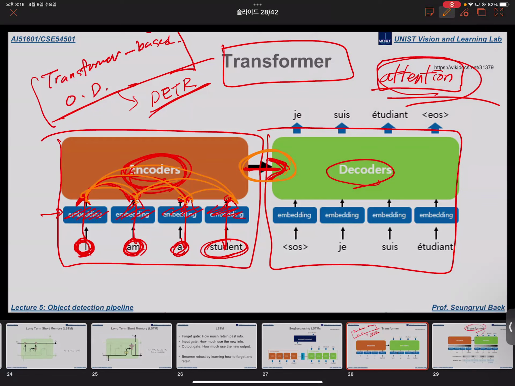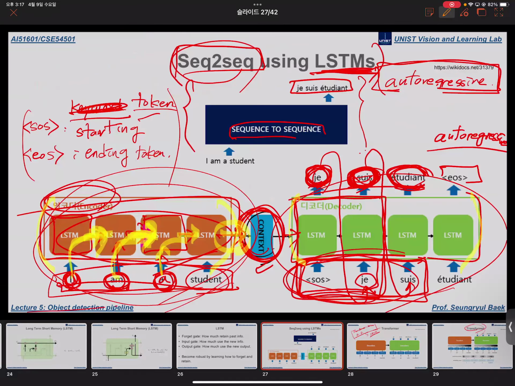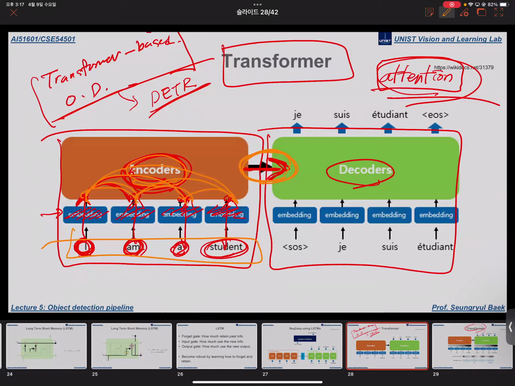So the objective of this encoder is getting the feature vector from the input signal, right? In the sequence-to-sequence model, it sequentially calculates this feature. But in the transformer architecture, in their encoder, they apply the attention mechanism to calculate this feature from the input signal.